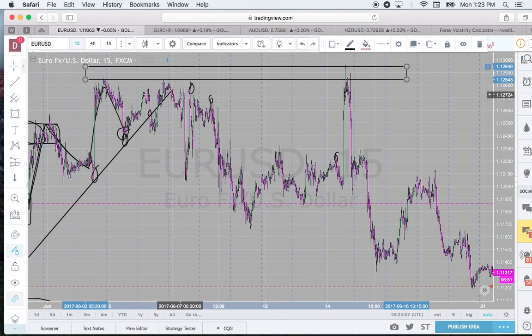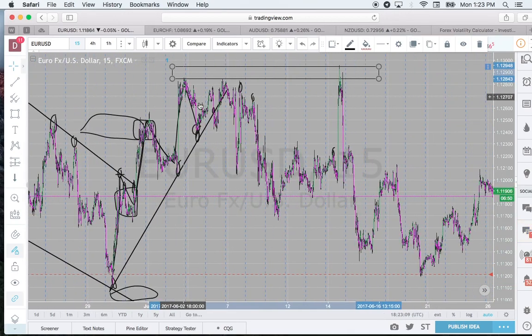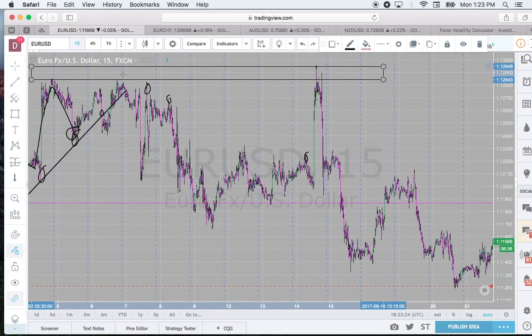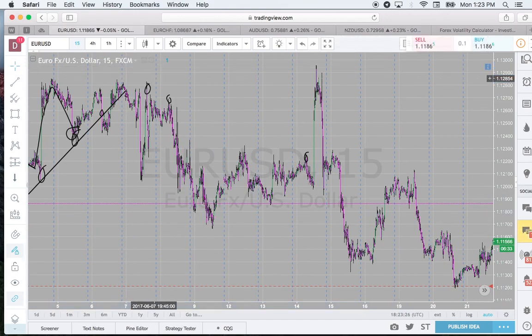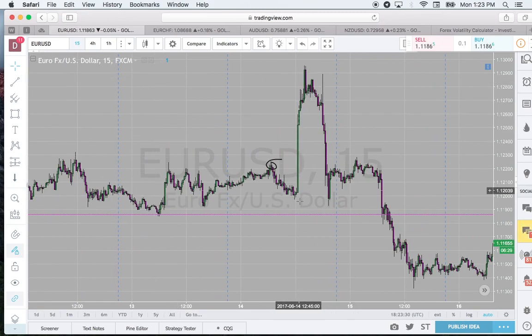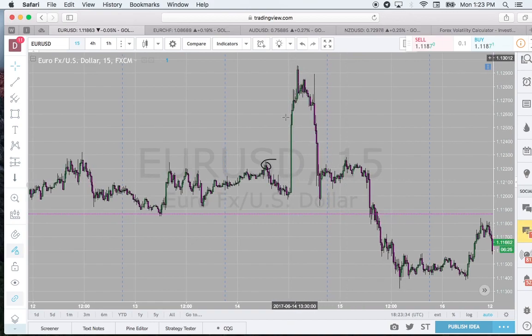People that sold here and were hoping to get a few hundred pips and had their stop losses still in this area got stopped out upon the market spiking against them in that one news event. That was a news event induced hit to the high.